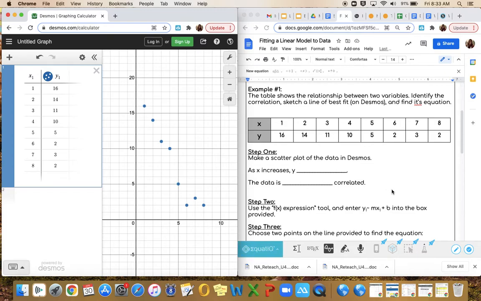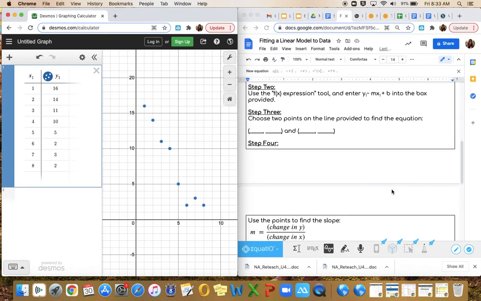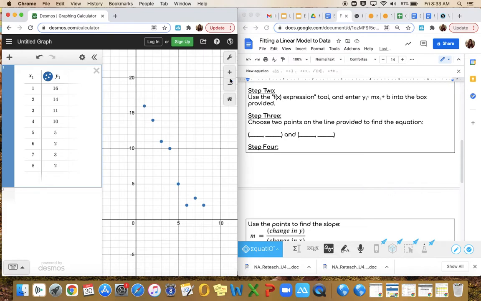Okay? So now we're going to use a tool to find the line of best fit. So we're going to click up here on the plus sign, add item, and we're going to do the f of x expression tool.